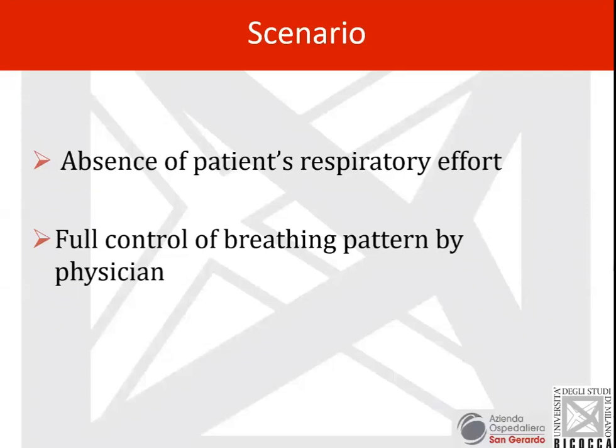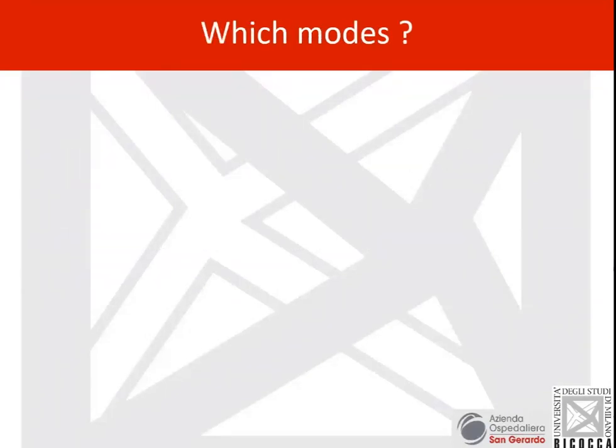But in any case, you will have to think during my talk to a patient who is not spontaneously breathing, and so where the physician, through the ventilator, has full control over the respiratory pattern of the patient. So which are the modes, the controlled mechanical ventilation modes that we can use?